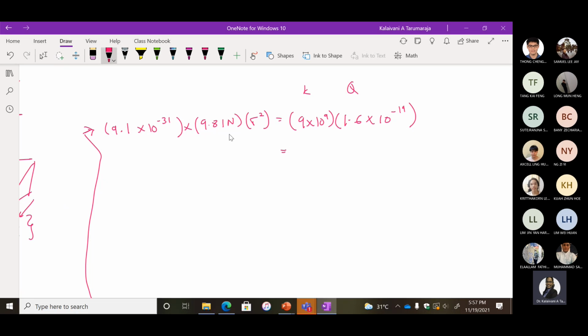You can bring everything over to here, so it means R power of 2.